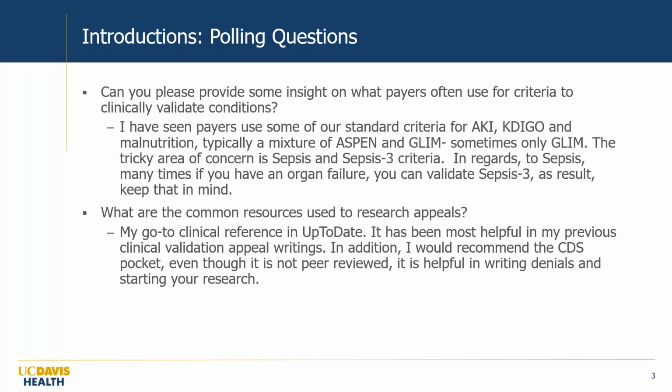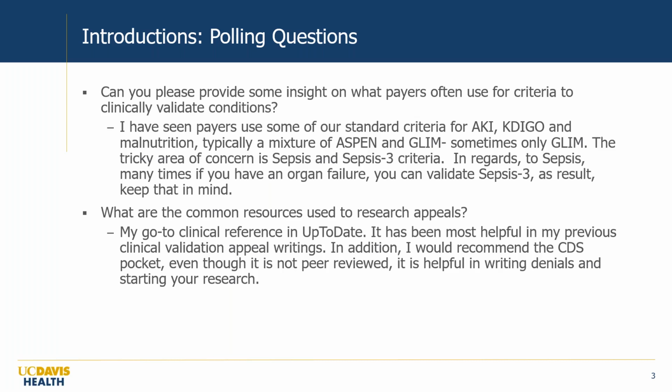So if you have severe sepsis, try to dig a little deeper into that organ failure component and see if you can get your patient to meet that Sepsis-3 clinical definition when you're focusing on denials. Also, when it comes to malnutrition, ASPEN versus GLIM, there are a lot of similarities between these two clinical definitions. You need to be mindful of that and hone in on it when it comes to any clinical validation denials that are present.